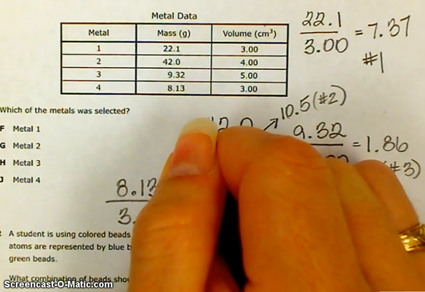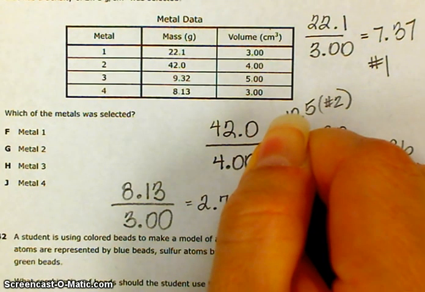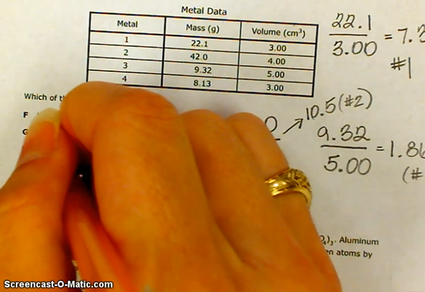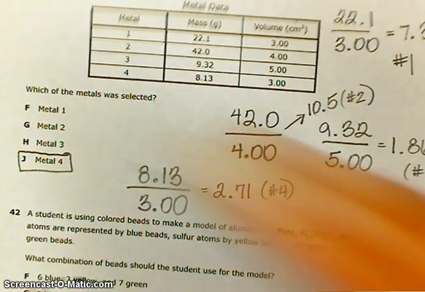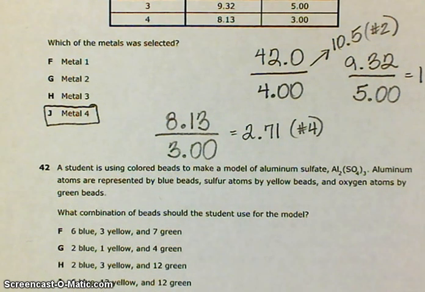So the metal that we're looking for is metal number 4 because we've got to find one that's got a density of 2.71. Okay. Just so I know you're listening, out to the side of number 36, write the formula for density. Density equals mass divided by volume.